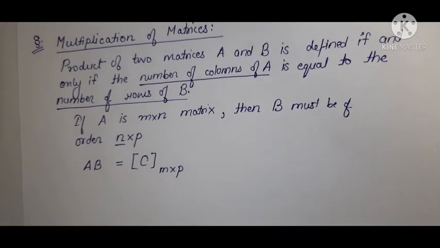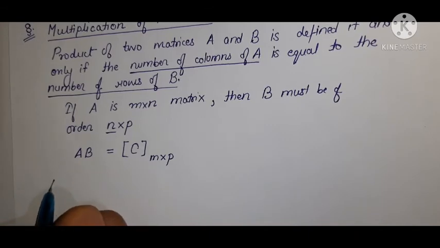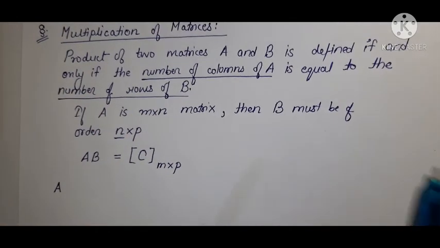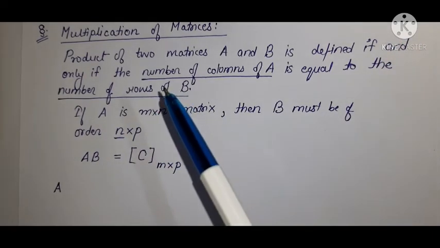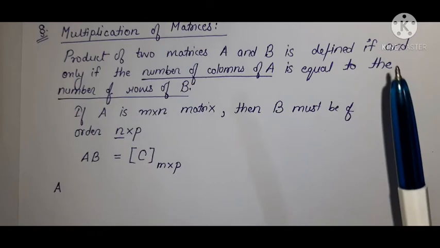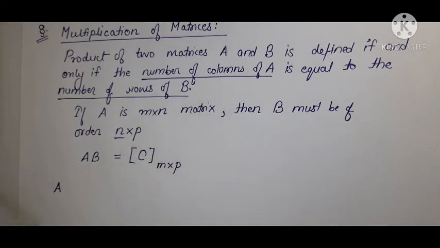So listen carefully how we multiply the both, because up to addition and subtraction we have studied that we can add or subtract the two matrices if their order is the same, but here their order is different. So how do we multiply with different orders?